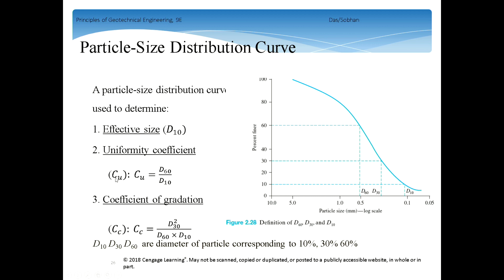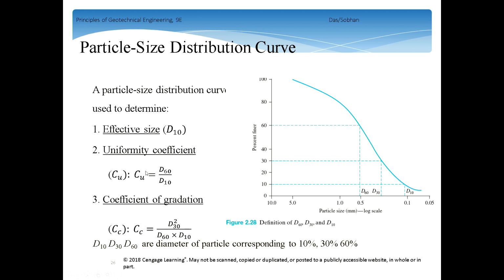Then why do we calculate Cu and Cc? You see, it is called uniformity coefficient and coefficient of gradation. Why do we calculate these two? Because these two coefficients, Cc and Cu, can help us to analyze if the soil is uniform or not, if the particle size distribution is very nice or not.